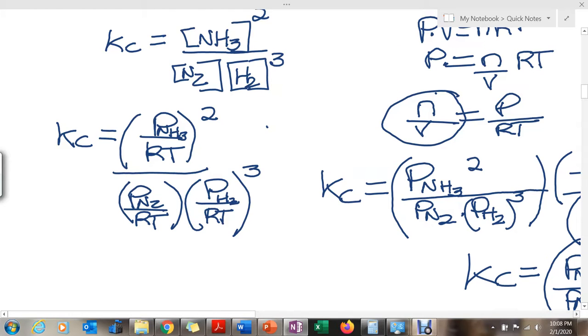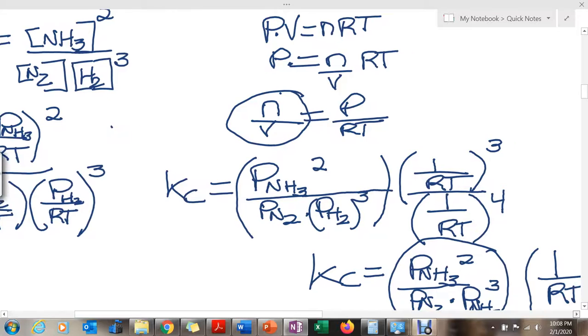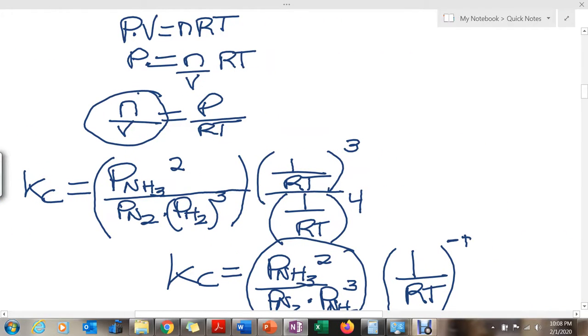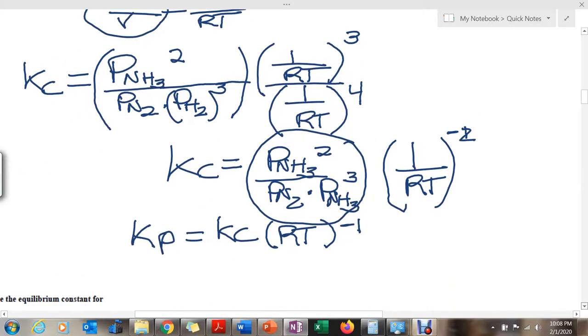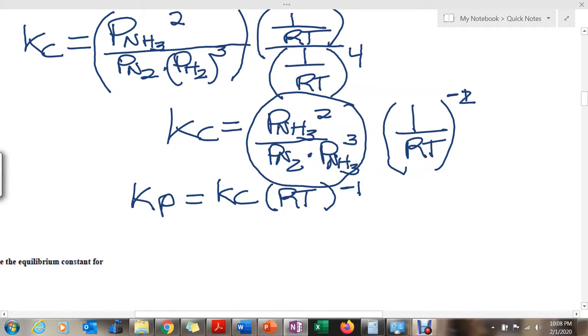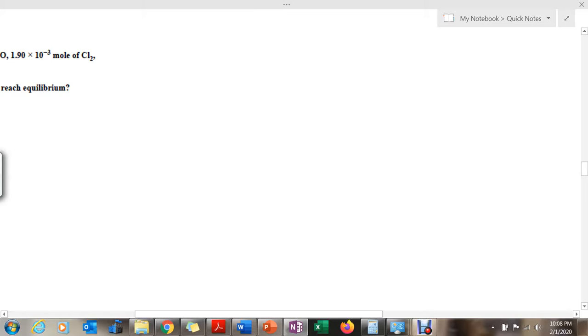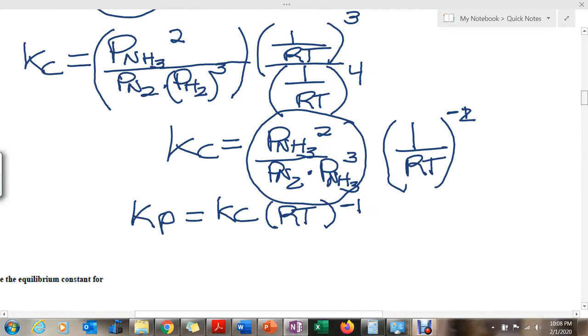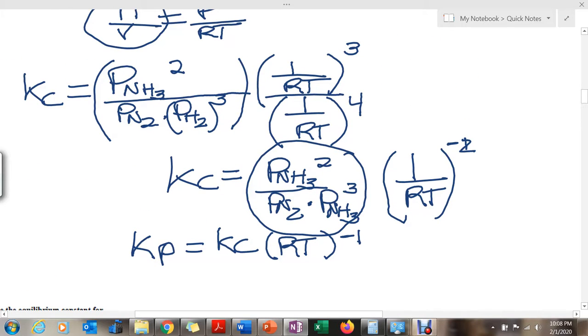no, negative 2. This would be 2 minus 4, negative 2.